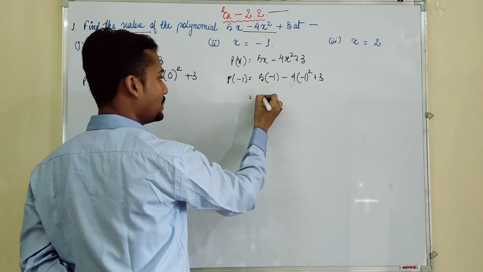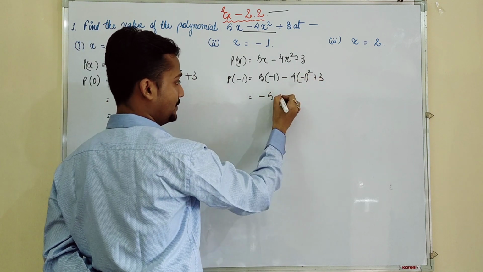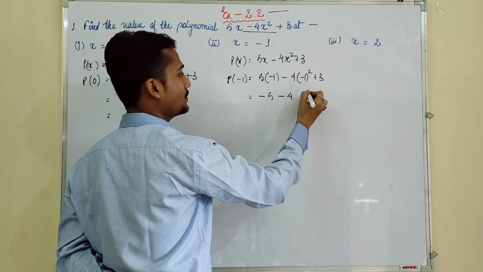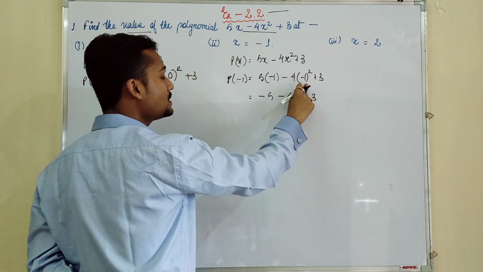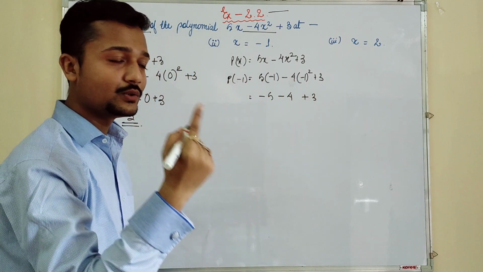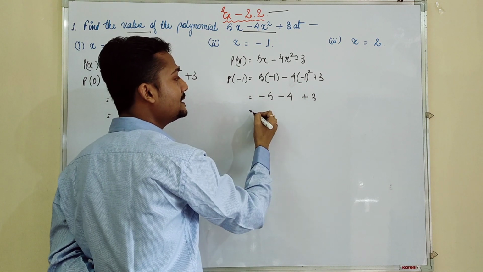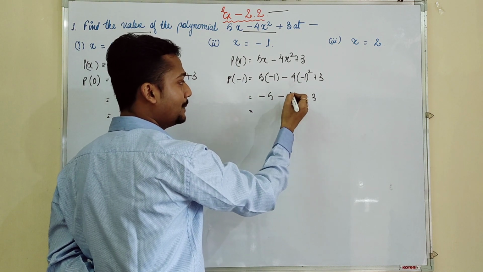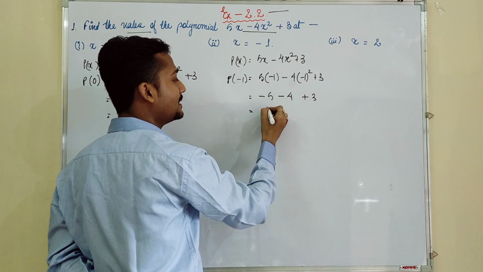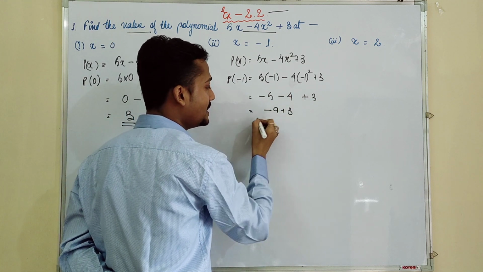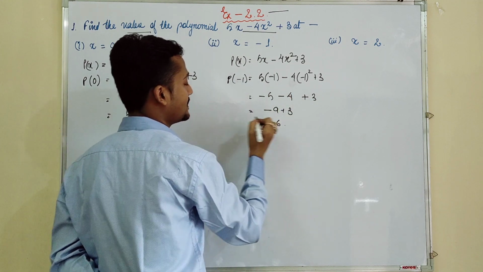So what will it be? It will be -5. So this will be -4 plus 3. That means (-1) square, -1 into -1 is equal to 1, into -4 is equal to -4. So it will be -9, plus 3 is equal to -6.